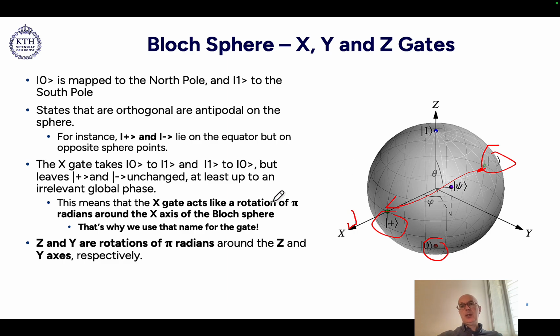The very same applies to the Y and the Z gates. The Y gate is nothing else than a rotation of pi radians around the y-axis, and the Z gate is nothing else than a rotation around the z-axis of pi radians.